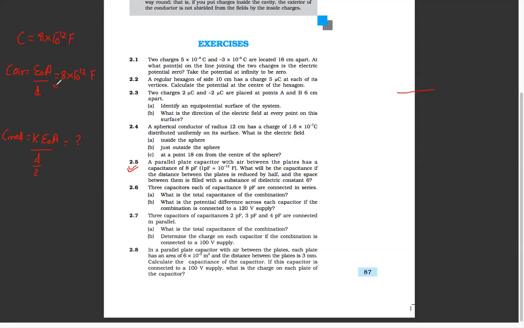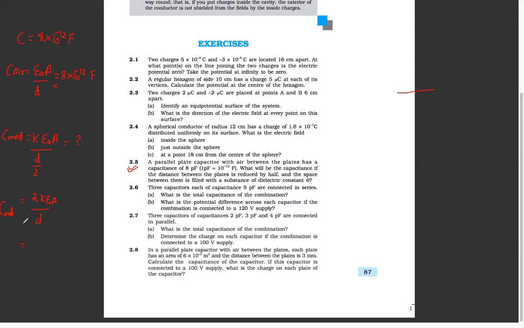So if capacitance in air is 8 into 10 raised to minus 12, then the capacitance in medium would be K epsilon naught A by D by 2. We can take this 2 in the numerator. So capacity in medium is twice of K epsilon naught A by D.